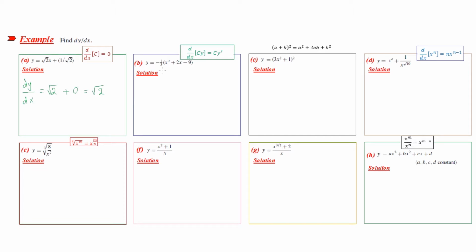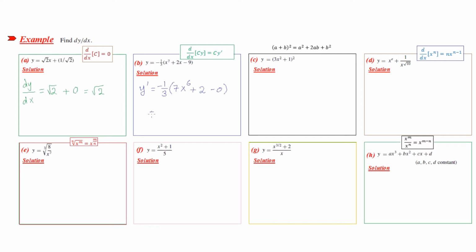For part B, we have a constant multiplied by a function. So when you want to find dy by dx, or y prime, you have to put the constant down firstly, then you have to find the derivative of the function, and for x to the power 7 we have 7x to the power 6, plus 2x is 2, and the derivative of minus 9, the derivative of a constant, equals 0, so minus 0.